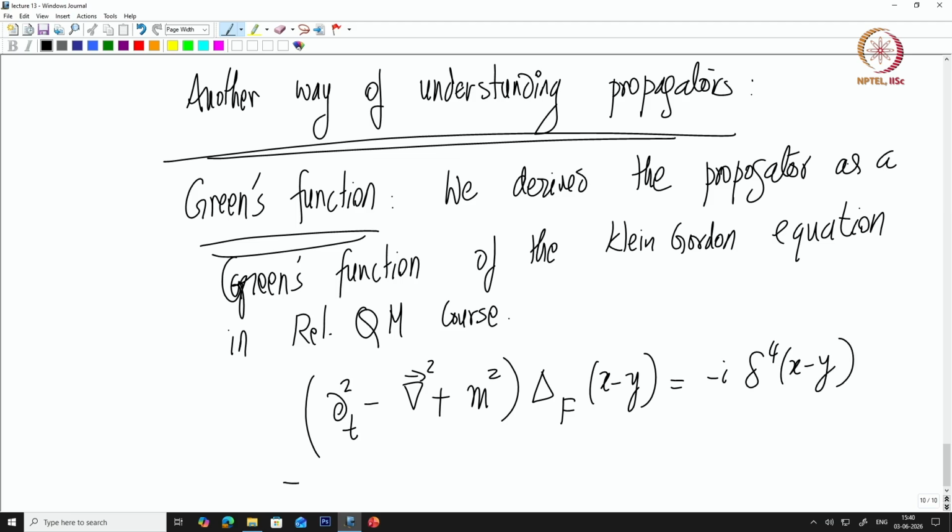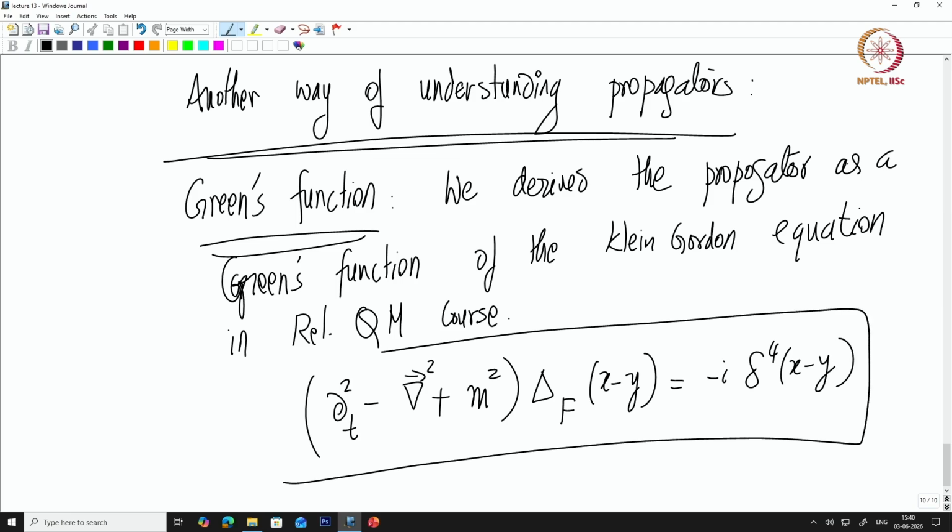So what we said was the propagator is a solution of the Klein-Gordon equation with a delta function source.